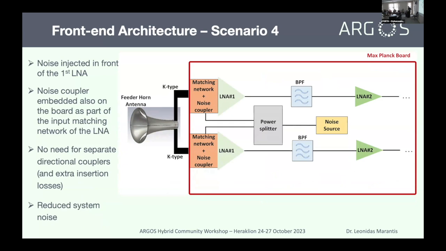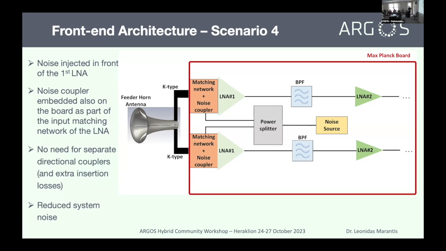So there's going to be a noise coupler, which is going to be embedded at the input matching network of the first LNAs. Yeah, the color is really light, and you cannot see the triangle at the first LNAs anyway. And this is going to reduce the system noise.